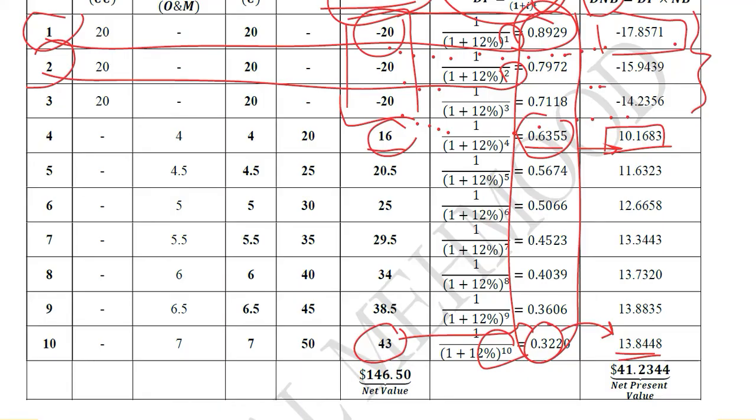Why? Because the discounting factor is now reduced to 0.3. Initially it was 0.89, but now it is 0.3. So the smaller the discounting factor, the greater the discounting effect. You can see the discounting effect is substantial.